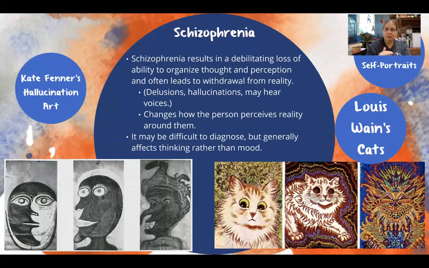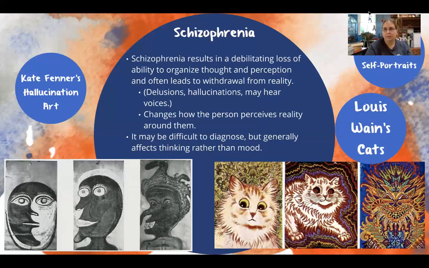But as you see, it shows a progression from lucid to revving up into a schizophrenic episode to when they are in a full-blown episode. Same with the cat. This is how they perceive a cat normally, when they are beginning to enter a schizophrenic episode, and this is how he perceived the cat when he was in a schizophrenic episode.